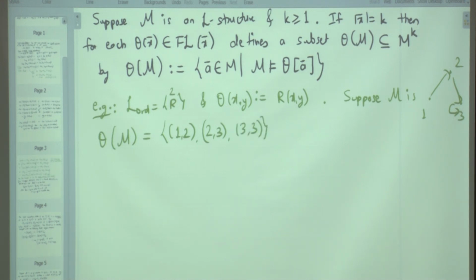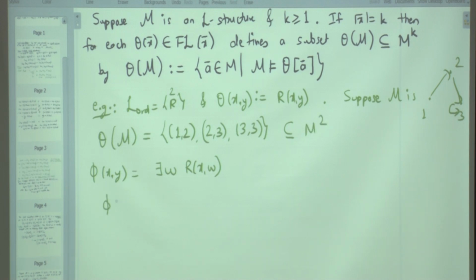Now I am also going to describe another formula phi of xy is equal to there exists a W such that Rxw. So the original one is a subset of M square.